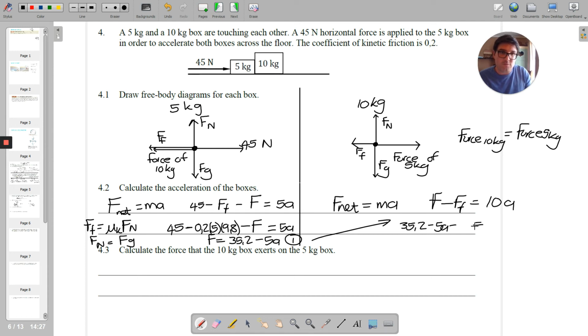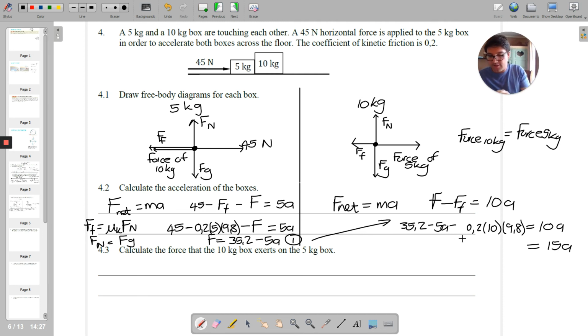The frictional force will now be, I just want to create some space over there for me to write down. It will now be, yes, that's correct, the coefficient of friction of 0.2 times the mass, now it's 10 times 9.8, which is equal to 10a. So in other words, if we get all the a's on one side, this becomes 15a.